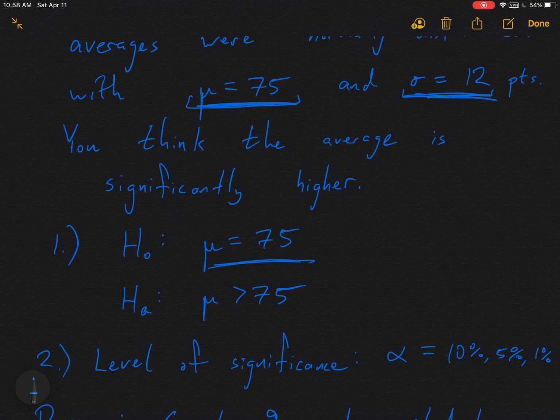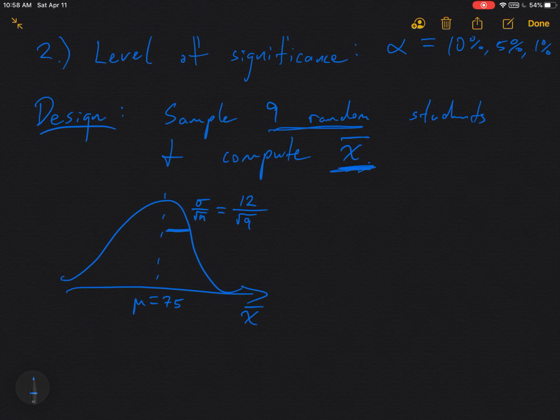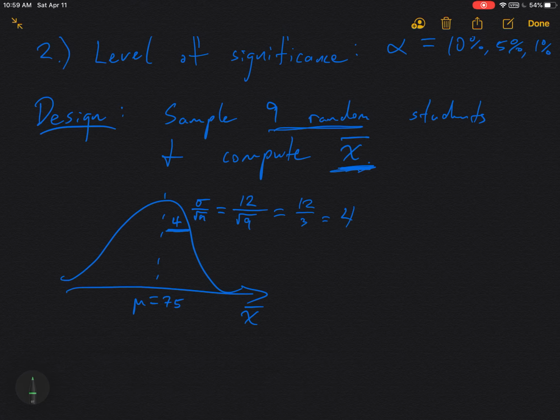We saw that the mean that the teacher claimed was 75, and the standard deviation that the teacher claimed was 12. So that means that for the sample mean, the standard deviation is going to be sigma over the square root of n, which ends up being 12 over 3, which is 4. So this standard deviation would just be 4. So this is the picture that we're looking at.